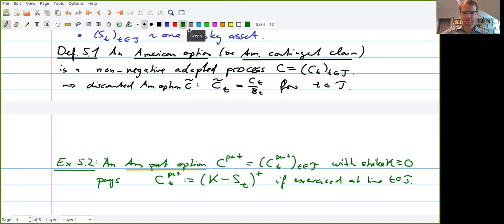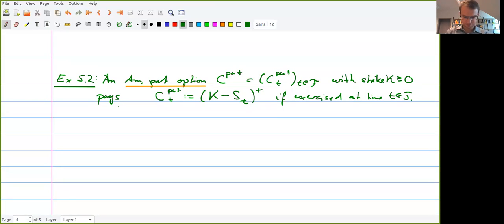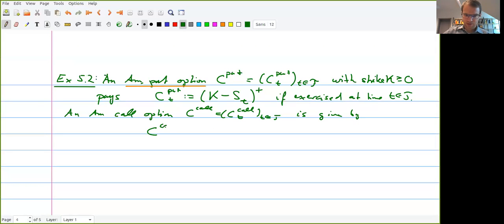And now, what is the American call option? C call, again a process which is non-negative and adapted, is given by the following.